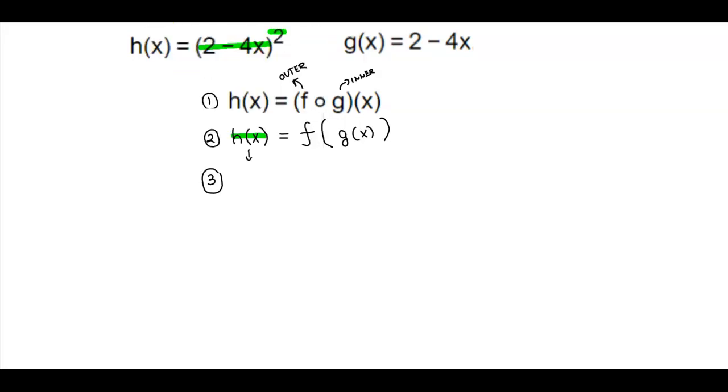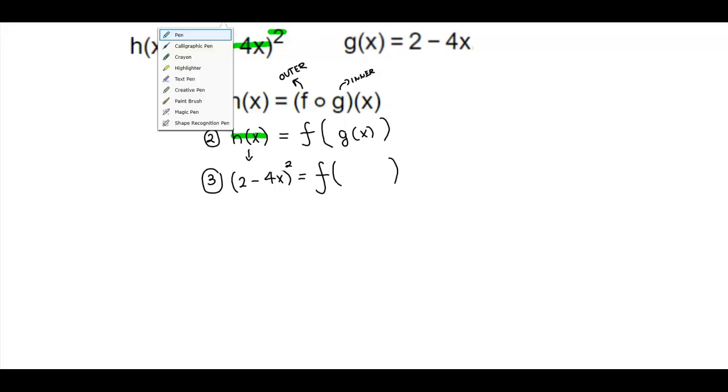So this represents (2 minus 4x) squared. And that's equal to f of, now what is g of x? Well, g of x is given to be 2 minus 4x. So let's plug that in there.